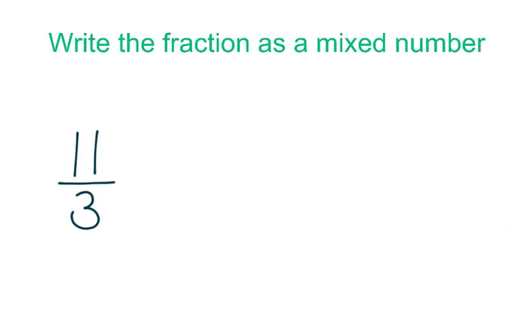Go ahead and write this fraction as a mixed number. You can use option 1 or option 2, pulling out your wholes or dividing. For this problem, I'm going to go ahead and pull out my wholes. So my denominator tells me that my wholes are going to be equivalent to 3/3. So I count by 3s: 3, 6, 9.